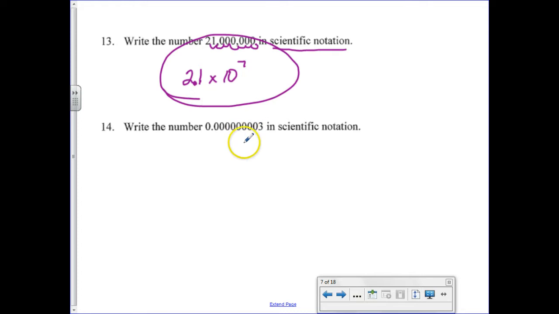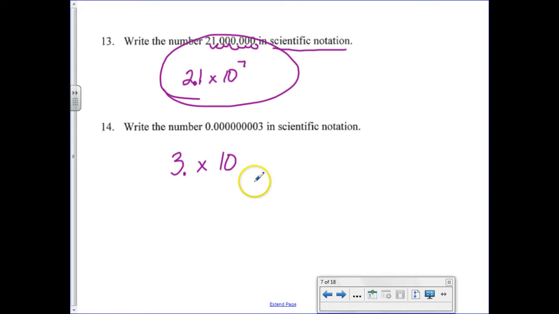That's in scientific notation. Similarly, we use scientific notation when we have very small numbers. Like this one, oh my goodness, 0.000000003. All right, again, I'm going to put my significant digit here, the 3, and you envision that you have the decimal point right behind it.